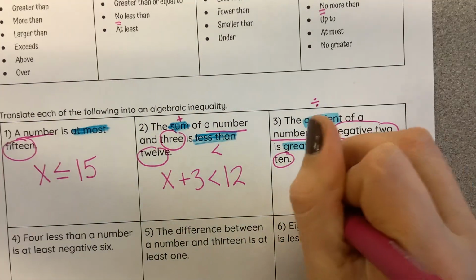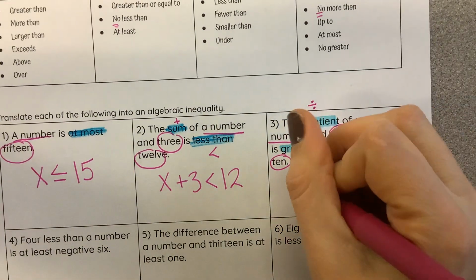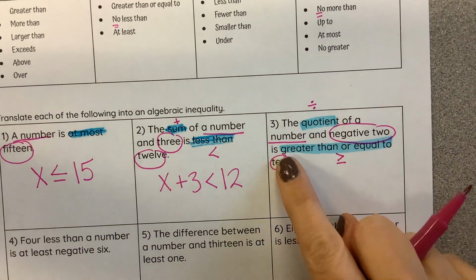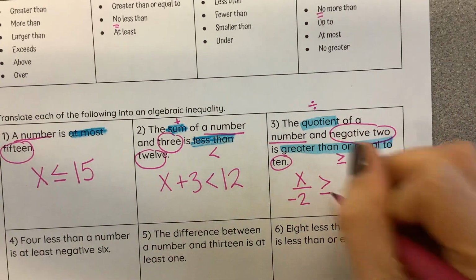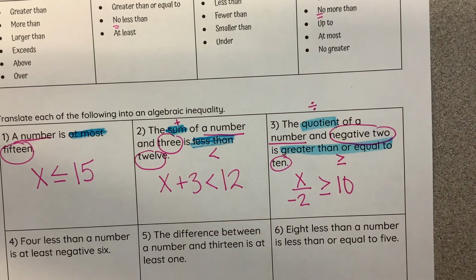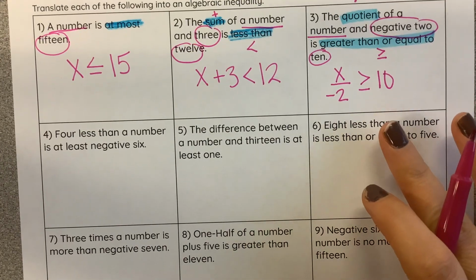When we are doing the quotient, I am writing it as a fraction. So the quotient of our unknown number X and -2, so X over -2, is greater than or equal to 10. And right now we're just practicing writing them. We will practice solving them momentarily.